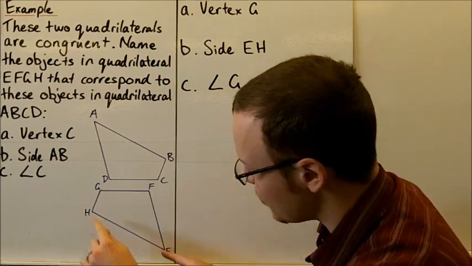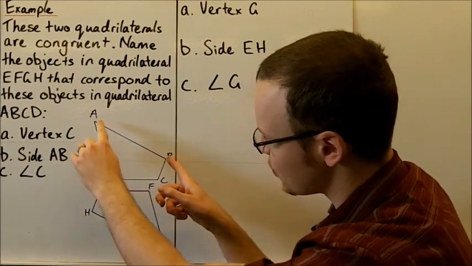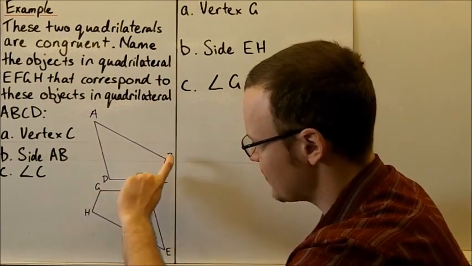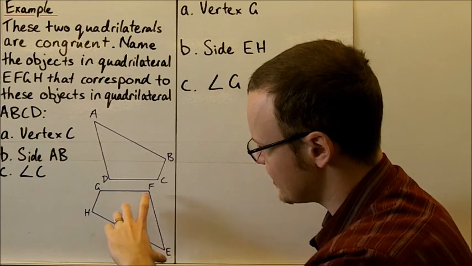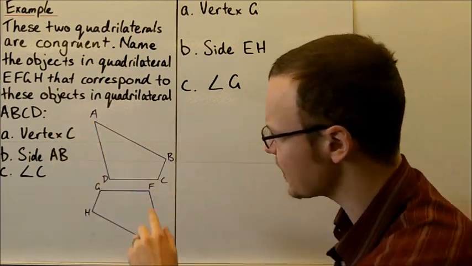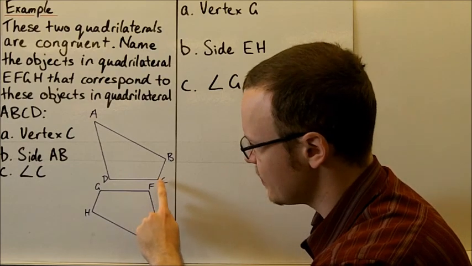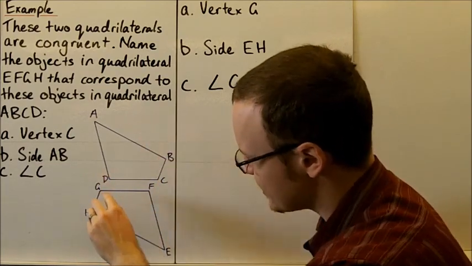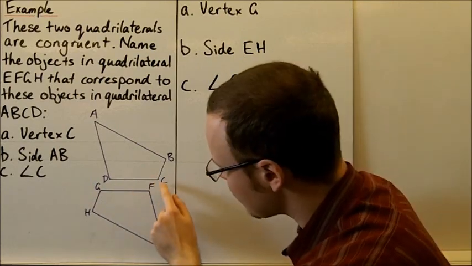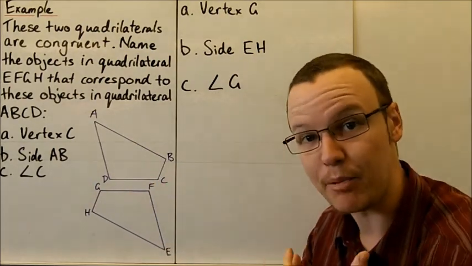We've got the longest side here being on the top, if I was to rotate it around. The shortest side here would be on the opposite side, and this second longest side here, it would be up here. So I think that vertex C would match up with vertex G. So vertex G. Both of them, we can compare the actual properties.